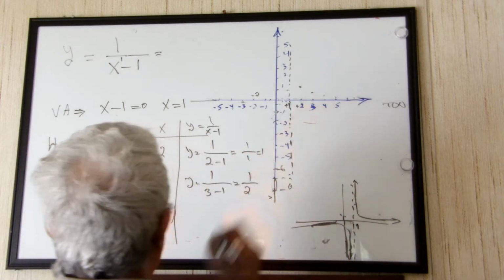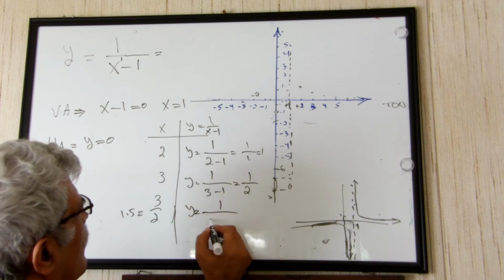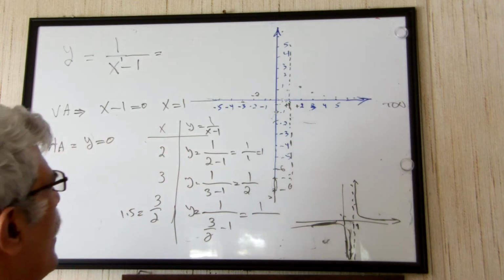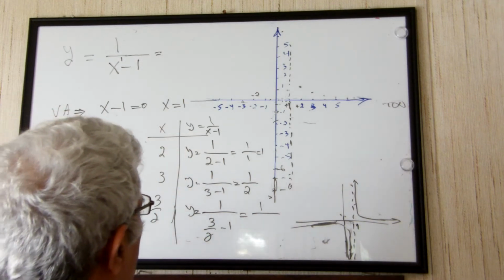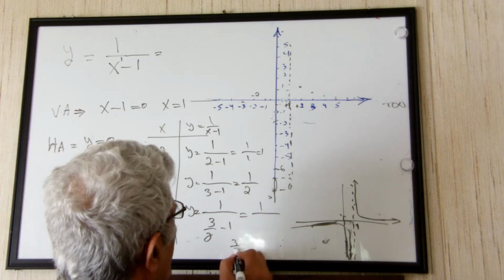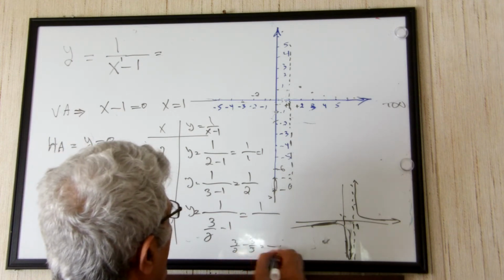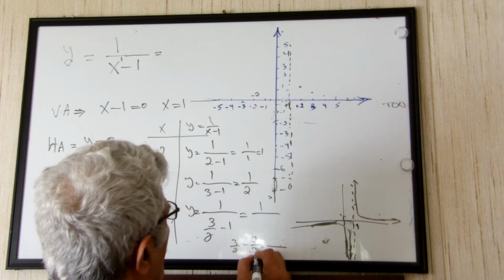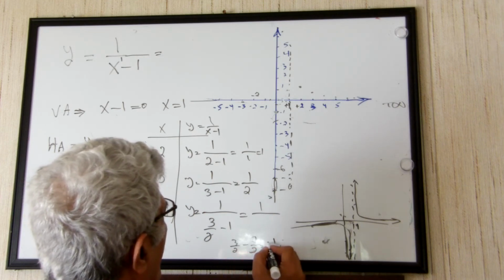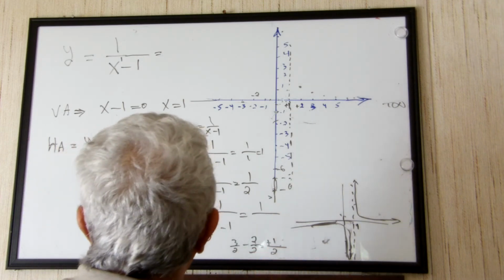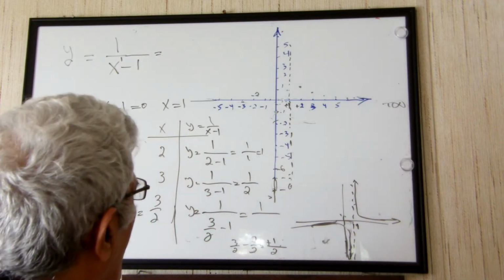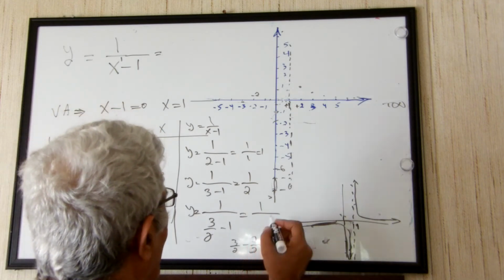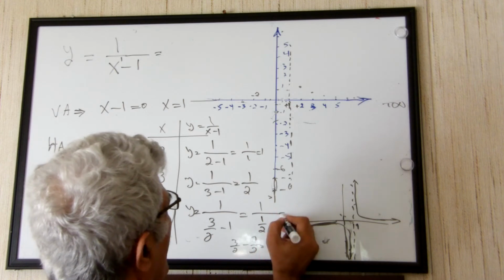We are going to find out the point. y is equal to 1 over 3 over 2 minus 1. We find this: 3 over 2 minus 2 over 2 is plus 1 over 2, and then inverted this is going to be 2.